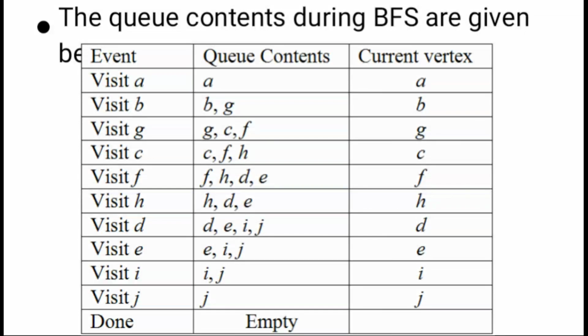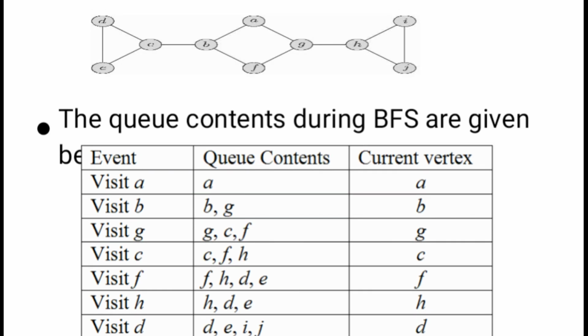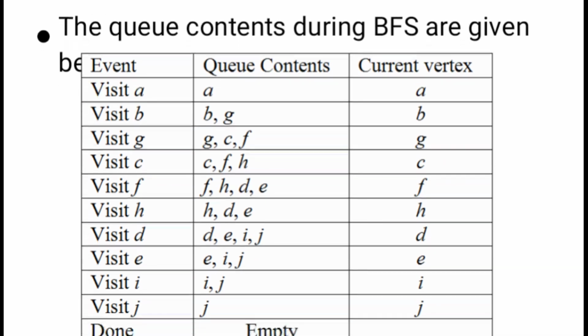And similarly, I is deleted from the queue, and there are no adjacent vertices to I, so we are not inserting anything. Then J is deleted from the queue, and now the queue is empty. So the BFS traversal for this graph is A, B, G, C, F, H, D, E, I and J.